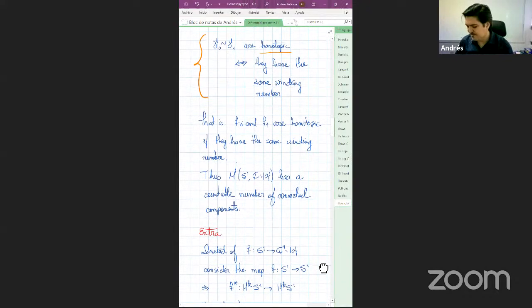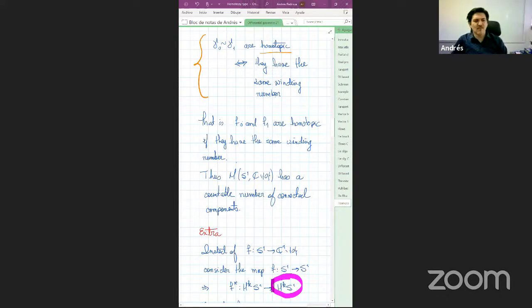If that map is smooth, we have the induced map in cohomology, and basically it is a linear endomorphism. I'm going from a vector space to itself. And not only that, last class we computed the cohomology of the circle.